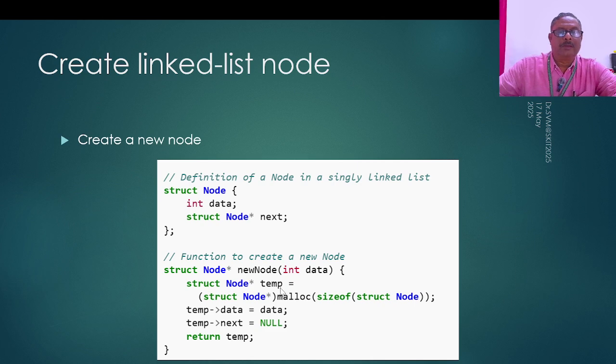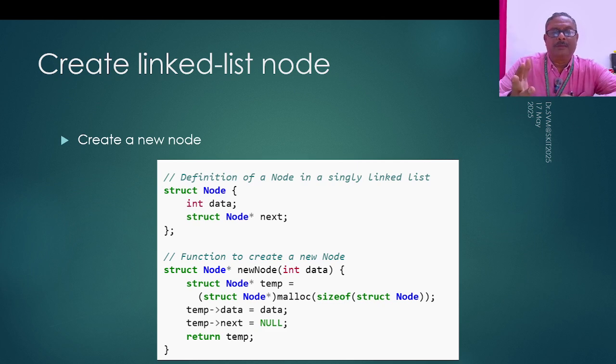Here we define one temporary variable, a pointer to the structure node, and then allocate memory for storing the details of one particular node. What details are required? One is to store the data and another is to store the memory address.